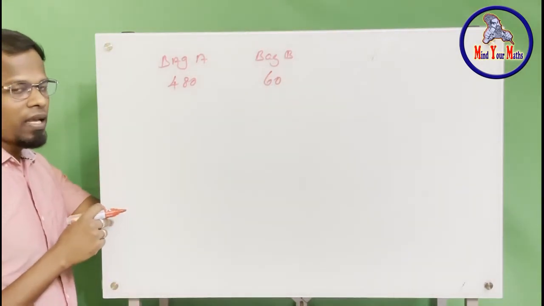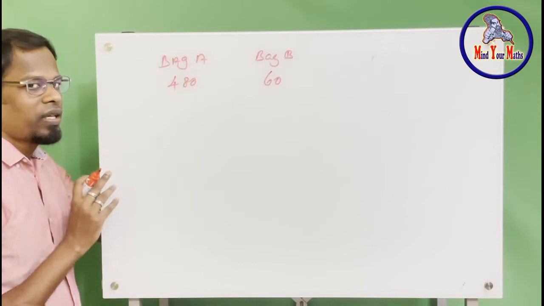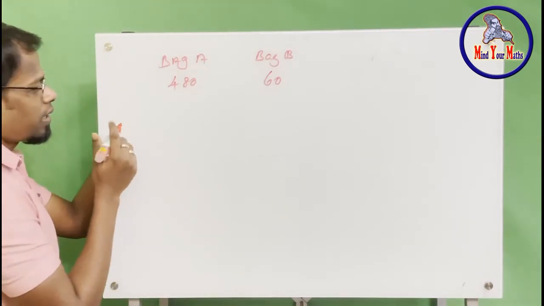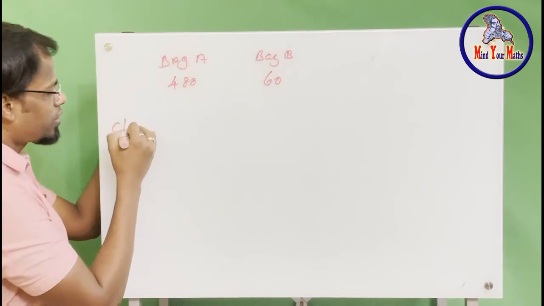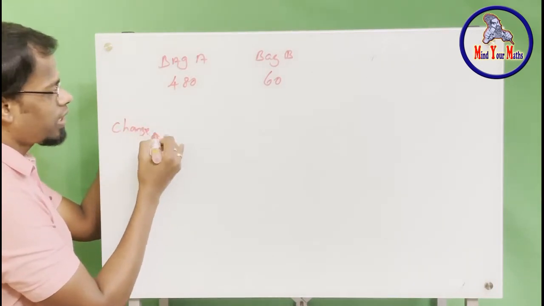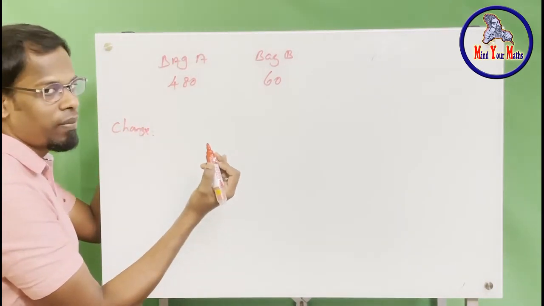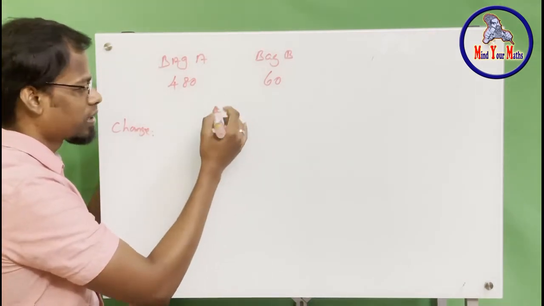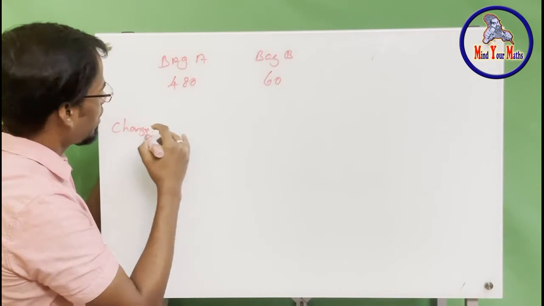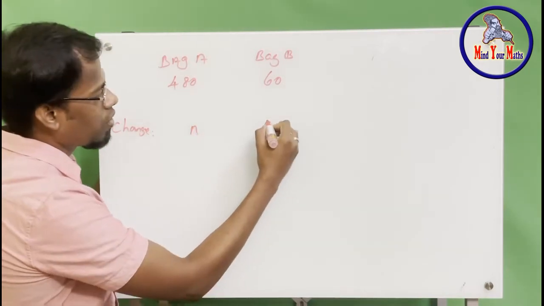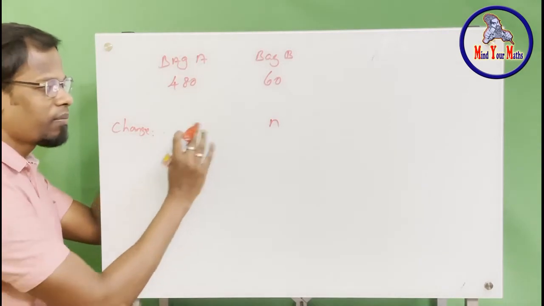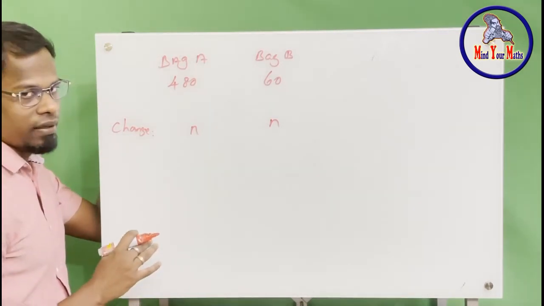The final count is given in ratio. We will come to that now. Then it says a change took place. We don't know how many, but an equal number was added to both bags. Let's take the number as n on both sides. N number of marbles were added.